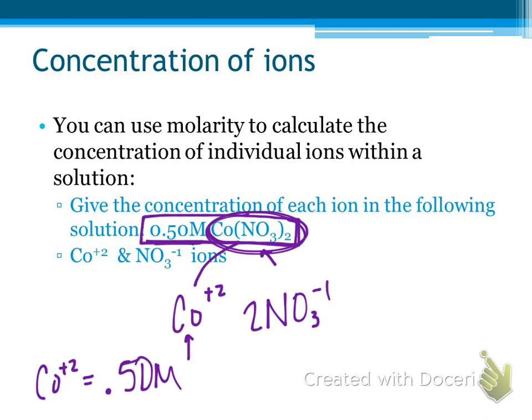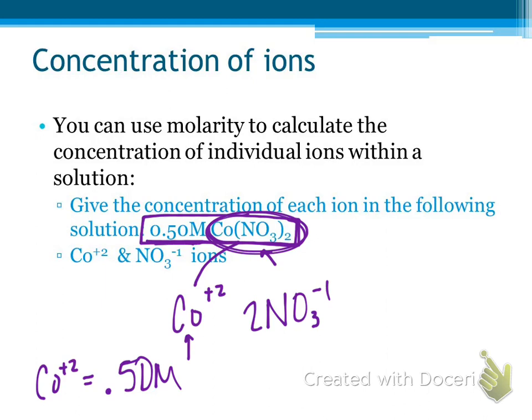So what would the concentration of my nitrate ions be? If there are 2 nitrate ions for every 1 molecule of cobalt(II) nitrate, what would my concentration be? It would be close. You're thinking it's half of the 0.50, but almost. It's twice that.